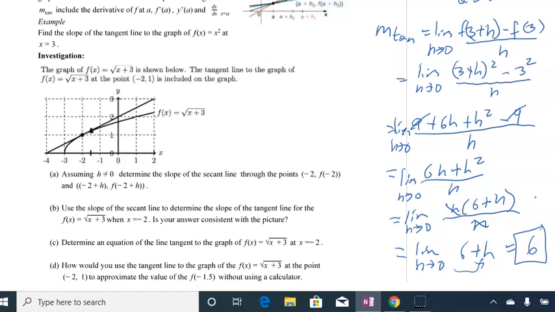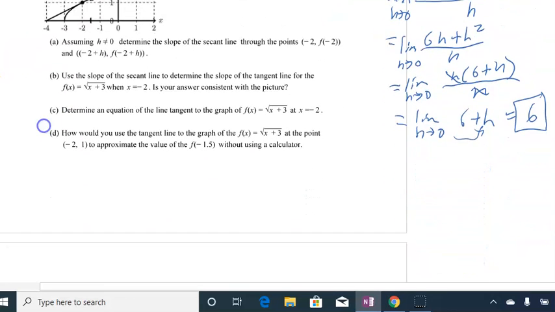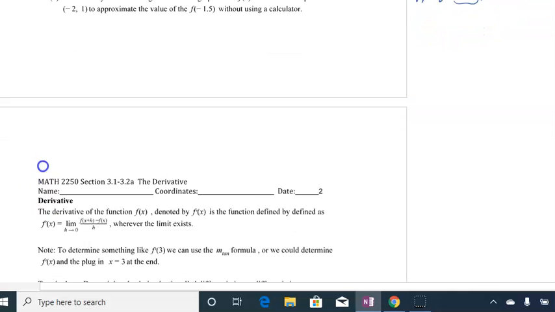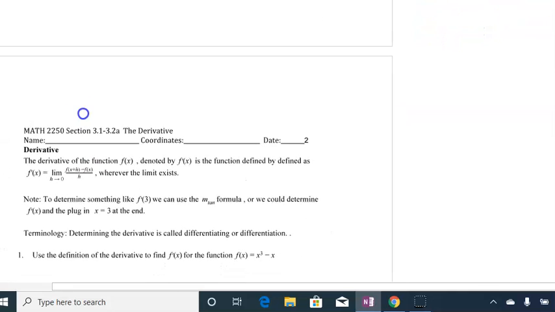Now we can use this kind of idea to investigate the tangent line of this, which we're going to do a little bit later. But for now, what we want to do is talk about the definition of the derivative.